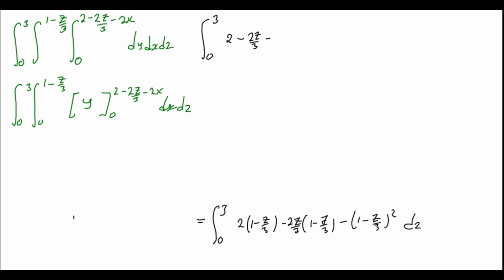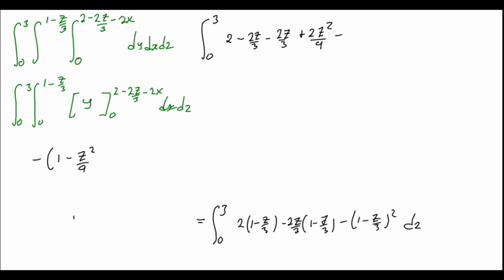Then here I'll say minus 2z over 3 plus 2z squared over 9. Then here, oh no, I'm supposed to expand that part. Okay, let me expand this before I do the subtraction. So it will be minus 1 minus z squared over 9.